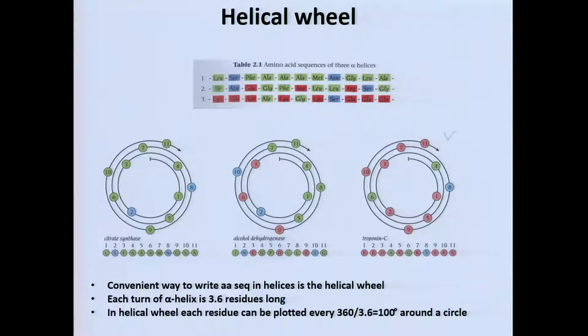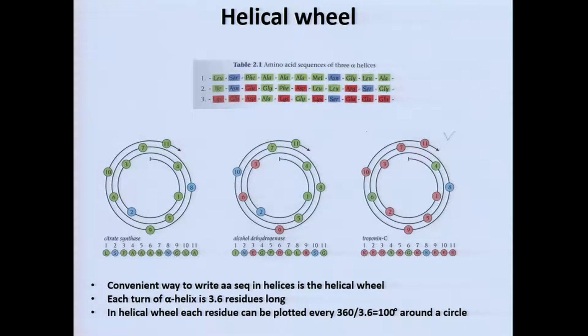Okay, another important topic is helical wheel. It's the alpha helices, right? And in an alpha helix, whatever the number of amino acids you have, they are actually located around the circle, and the circle is 360 degrees, and 3.6 residues in one turn, right?